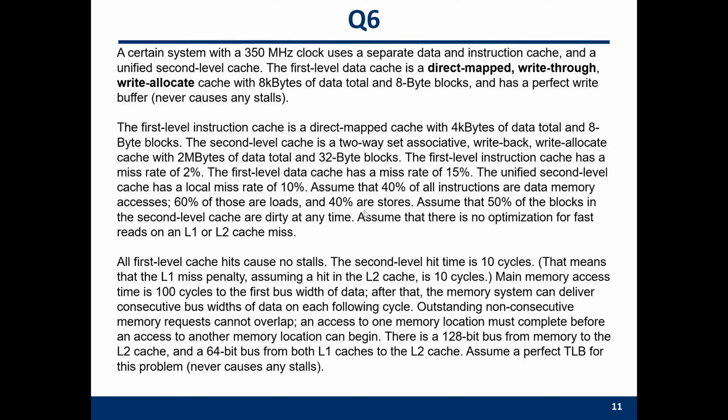And the second level cache has a 10% miss rate. So assume that 40% of all instructions are data memory access, and 60% are reads and 40% are writes.